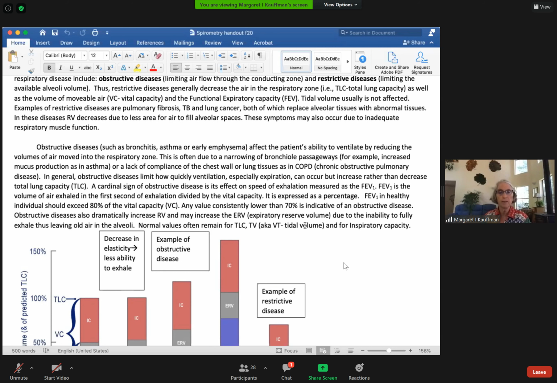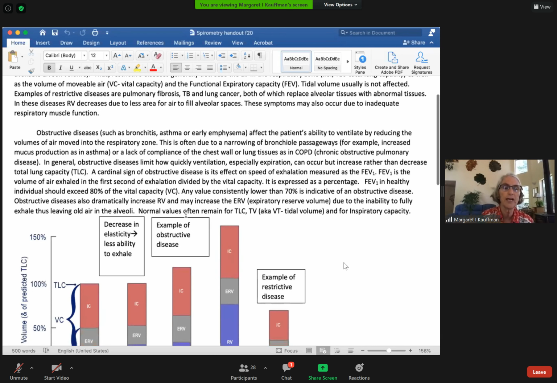And his numbers come out pretty good. Normally he's somewhere just under 70%, but that's not because he has an obstructive disease, I'm sure. But you see a substantial drop in the FEV1, in 1 second, with that disease.